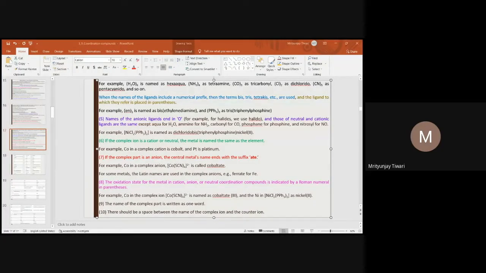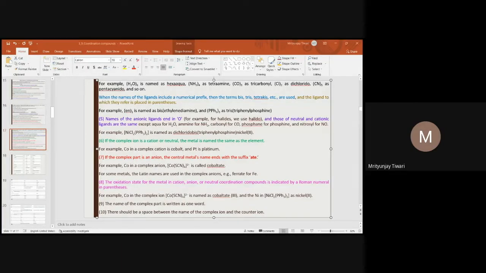And what is this NO? It is nitric oxide, or you can write nitrogen monoxide as well. So for example, if you look at this compound NiCl2(PPh3)2, how is it named? It will become dichloro.